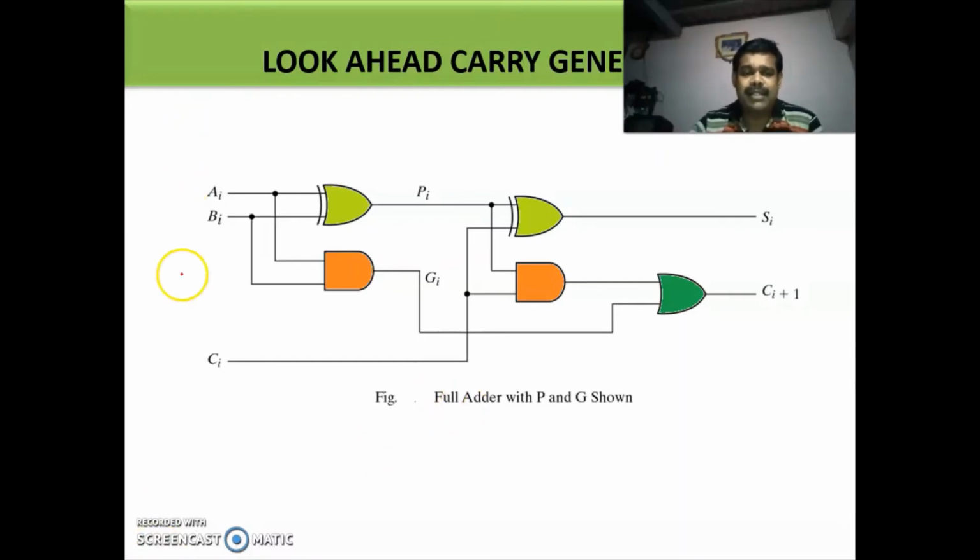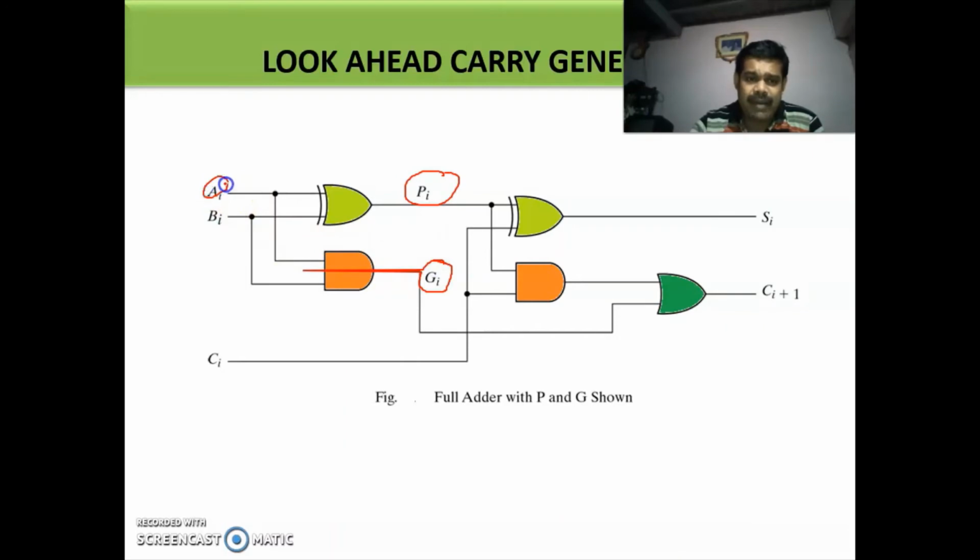So this is the circuit of the full adder using two half adders. Here the output of the first XOR we take as propagate Pi. The output of the first AND gate we take as generate Gi.